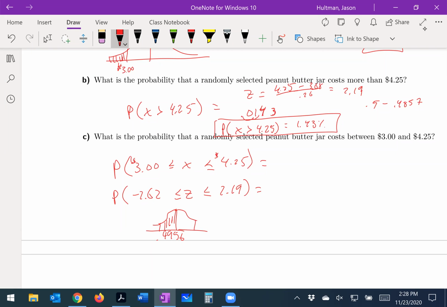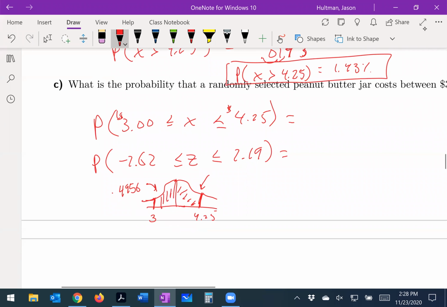Then above, from the middle to 4.25, this area is 0.4857. We just add those together, 0.4956 plus 0.4857, exactly the same thing we did before, which is 0.9813.